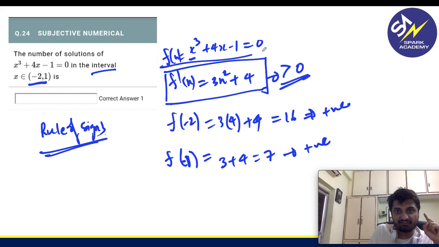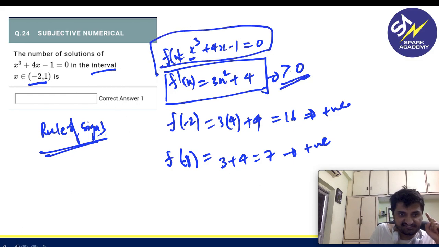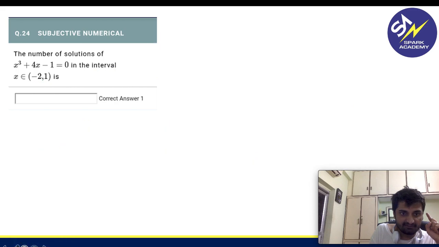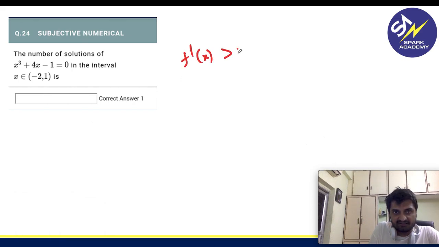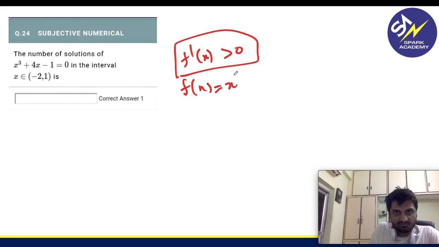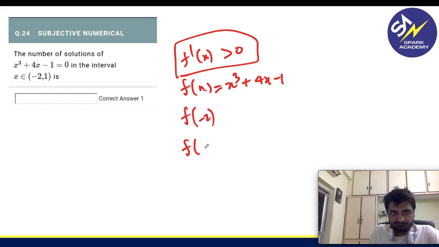So f dash x is definitely greater than 0. Now what about f of x? f of x is x cube plus 4x minus 1. Now let me do f of minus 2, f of minus 1, f of 0, f of 1.